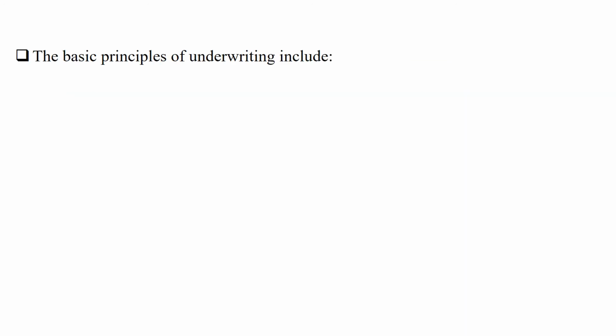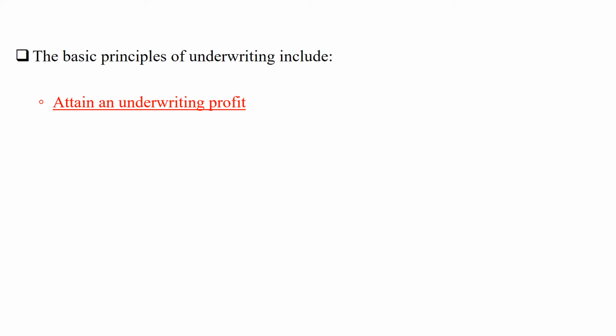Let's go back to our lecture notes. We know that the purpose of underwriting is to reduce adverse selection. Okay, is to select good customers. And the basic principles of underwriting include what? First, attain an underwriting profit. By choosing good customers, okay, we make sure that these customers are healthy.